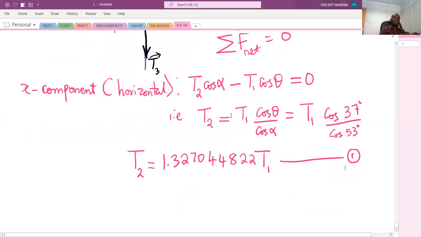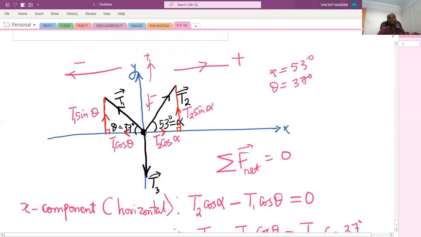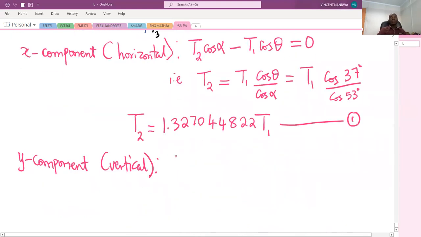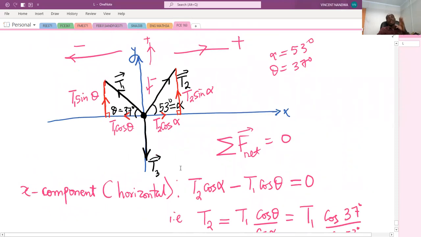And let's resolve the y component forces, or the vertical forces. So forces which are acting vertically, we have three forces: T1 sine theta, T2 sine alpha, and this T3 acting downwards. So we'll have T3, which is going down, we take its negative, going up is positive.